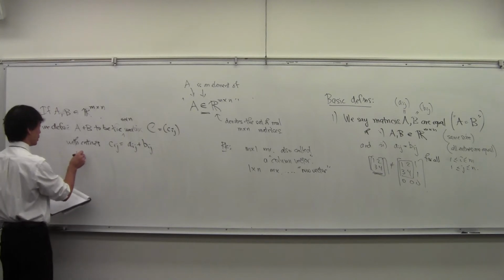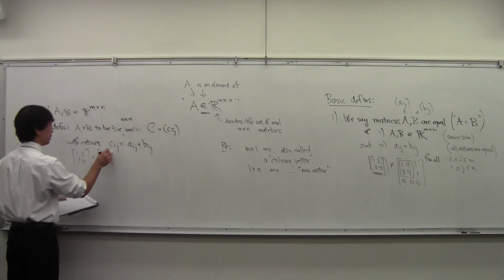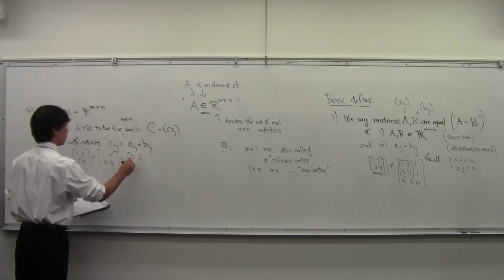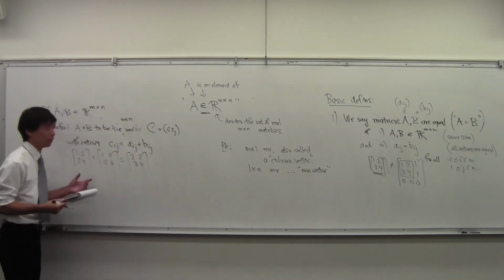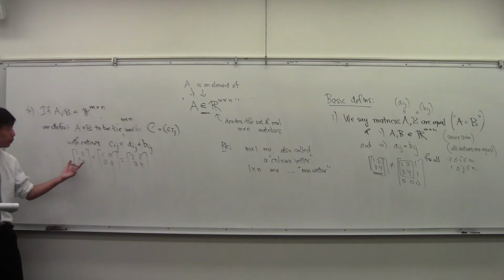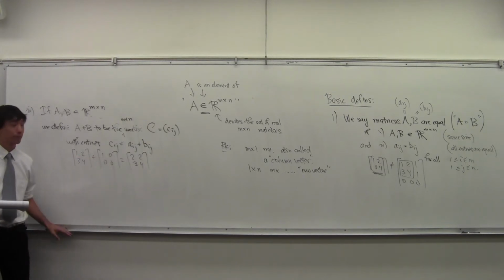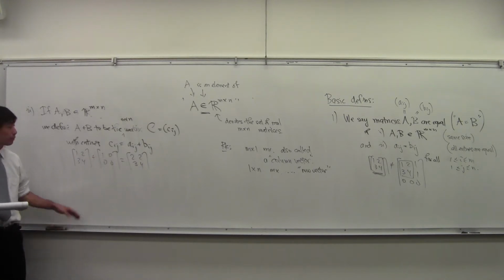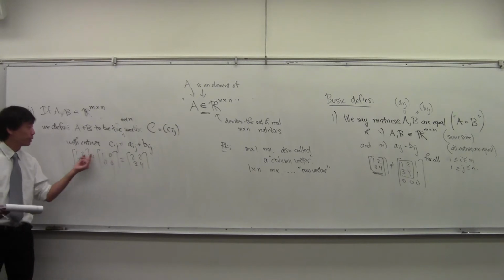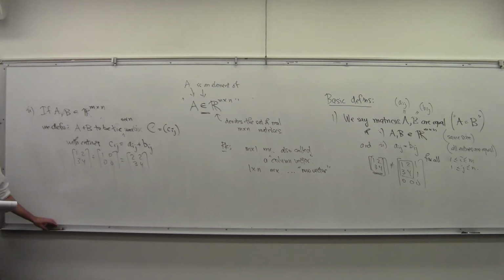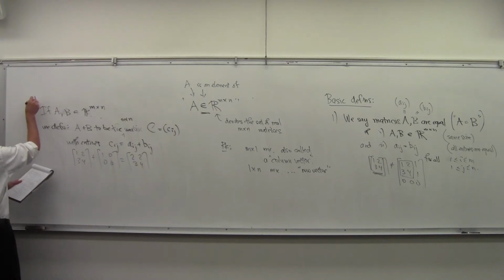So 1, 2, 3, 4 plus 1, 0, 0, 0 is going to be 2, 2, 3, 4. 1 plus 1 is 2, 2 plus 0 is 2, etcetera. So this is matrix addition.